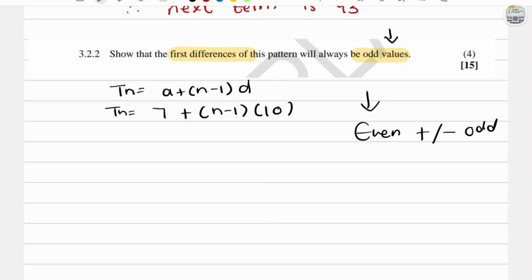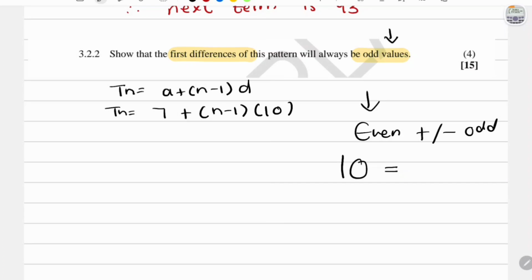If I asked you to prove that 10 is an even number, how would you do it? By definition, I would have to show them that this number can be divided by 2. But I don't necessarily have to divide it by 2. How I can show them that it is divisible by 2 is by taking out a common factor of 2, or showing them that there's a common factor of 2 here.